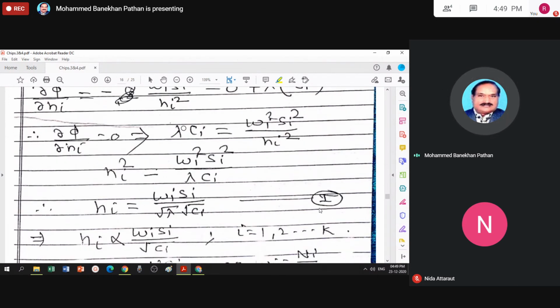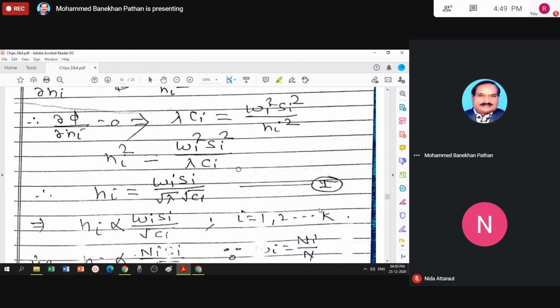Take Ci to the right side, Ni square to the left, lambda on the right, so you get this term. Now take the root on both sides: Ni equals Wi Si upon root lambda root Ci.